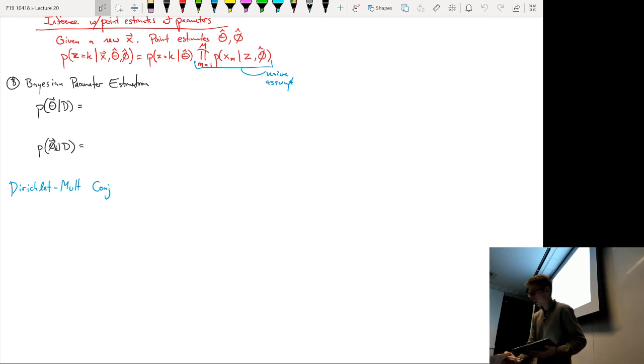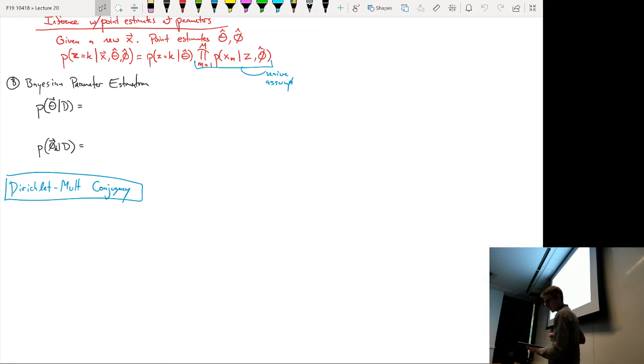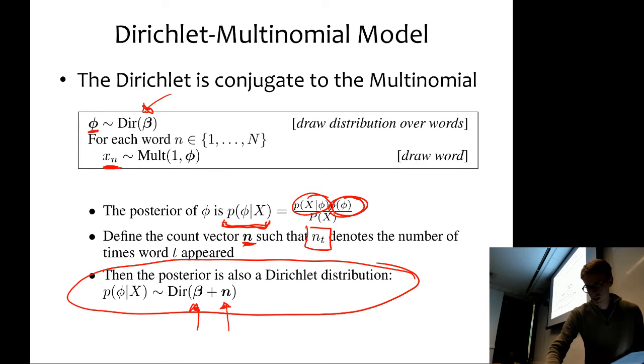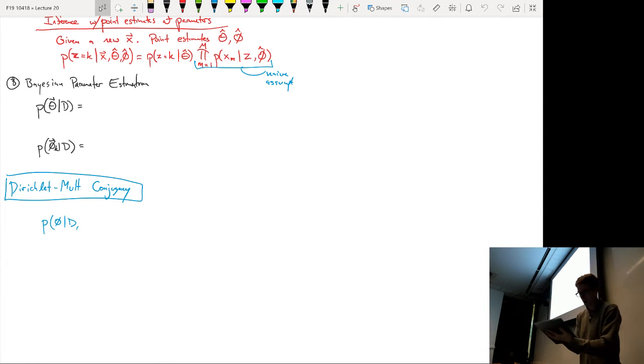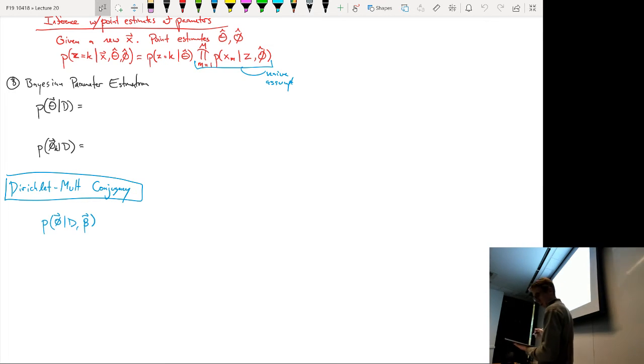Okay, so what we want to say here is we're after the posterior of phi given our data d. Oh, and let's actually match the slide here. I think on the slide it had beta. So we're going to use that beta as our hyperparameters. So we want a distribution over phi given our data and our hyperparameters.